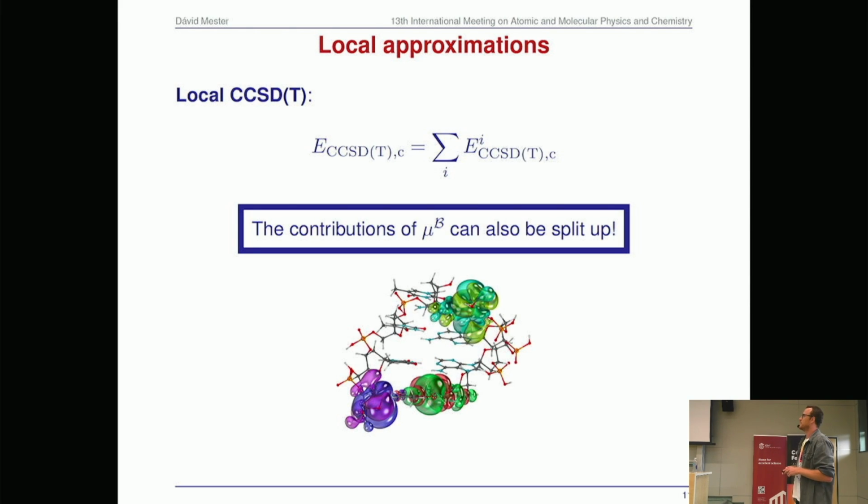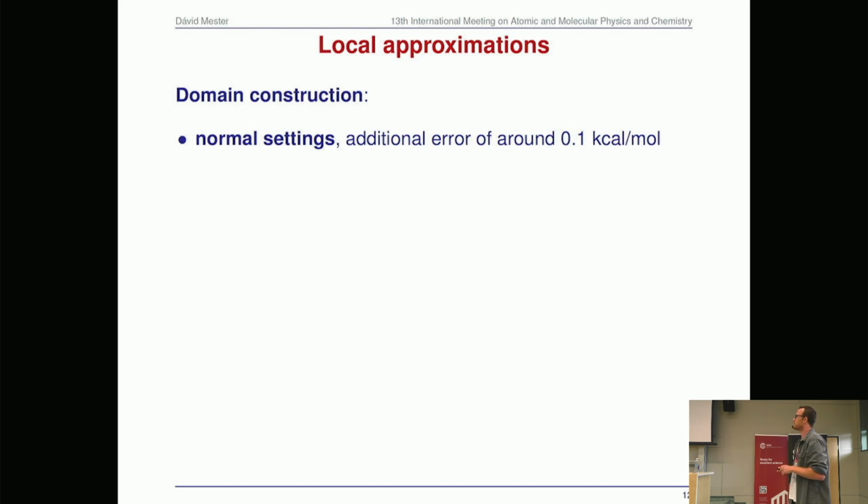But the good news is that the contribution of this range separation function can also be split up, and the contributions can be calculated only within these domains. To this end, we implemented the corresponding equations in our very efficient local CCSD(T) framework.